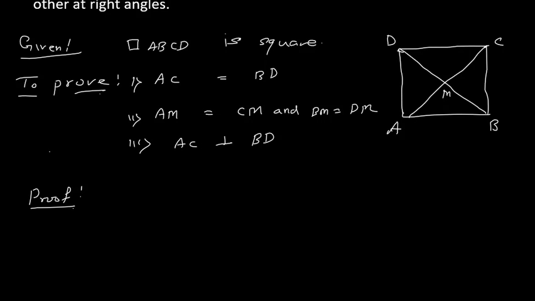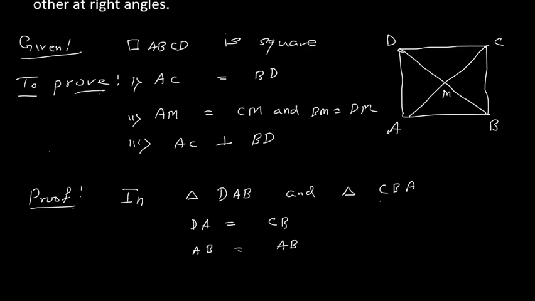Okay, so in proof, first I have to prove that AC and BD are equal. For that, again I will take triangle DAB and CBA. So I will say that in triangle DAB and triangle CBA, DA is equal to CB, this is given, and AB is equal to AB, common side.